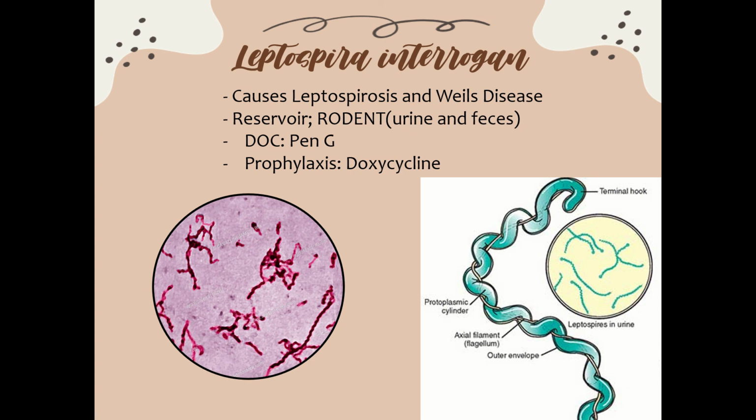We can usually see this in areas with flooded water, and because they can live freely in water, the feces and urine that carry this bacteria will be found in that flood. And when a patient with an open wound contacts the flood water, they will have leptospirosis.